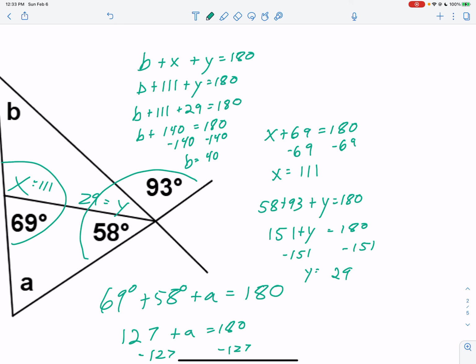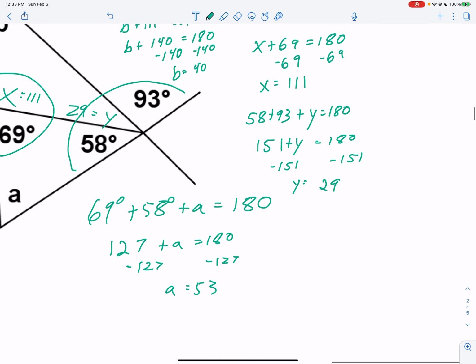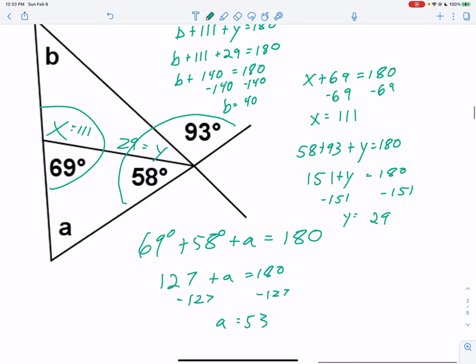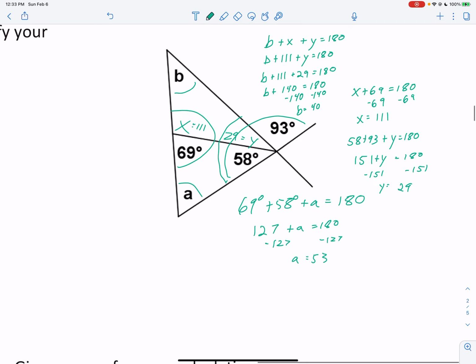So B, we figured out to be 40 degrees. So A was 53, and B was 40. So if we add A, B, and 29 plus 58, we should get 180. I'll let y'all do that to confirm. Just double check me.